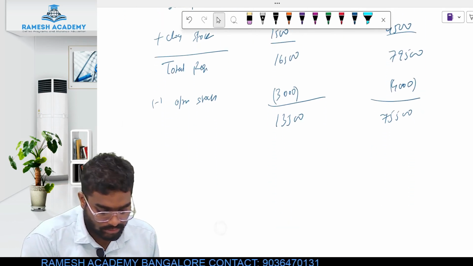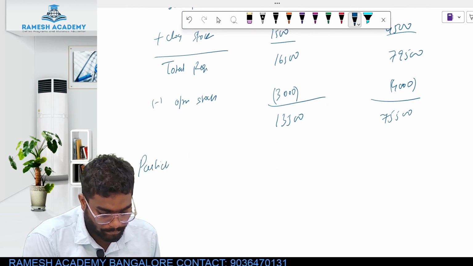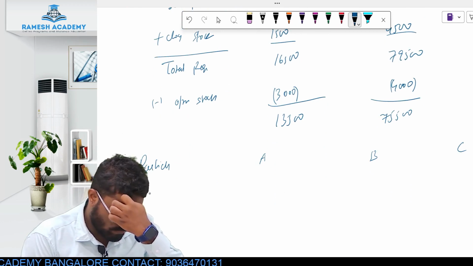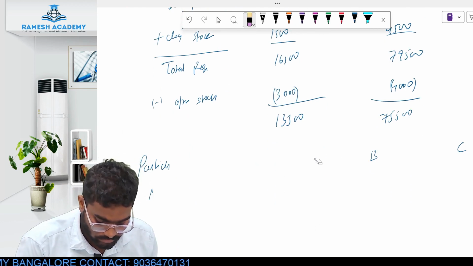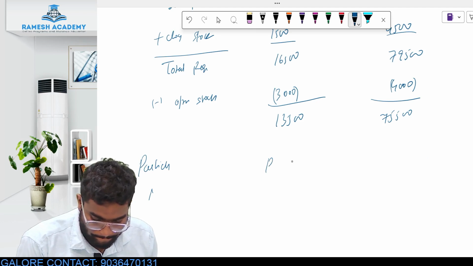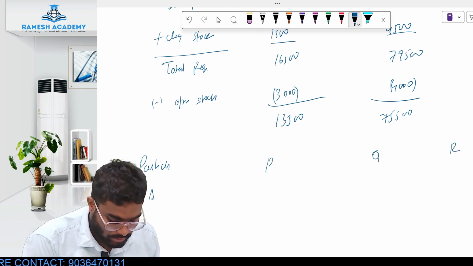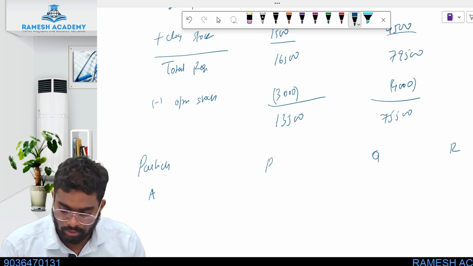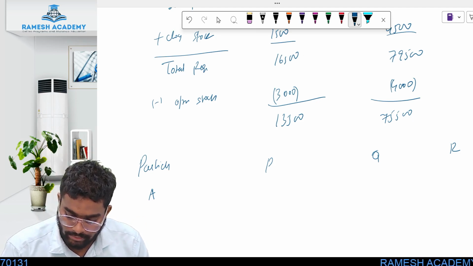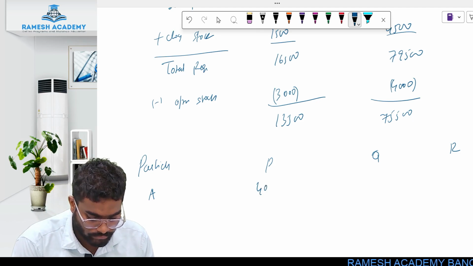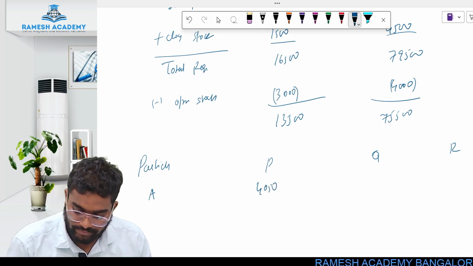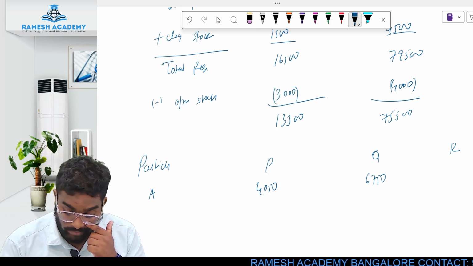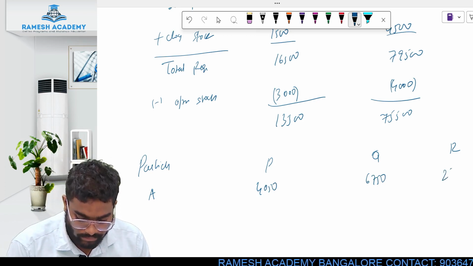Now the material purchases budget is easy. For product A, P, Q, R is in the proportion of 3:5:2. So 13,500 divided by 10 into 3 is 4,050, into 5 is 6,750, and so on in the ratio 3:5:2. Simple, A is done.